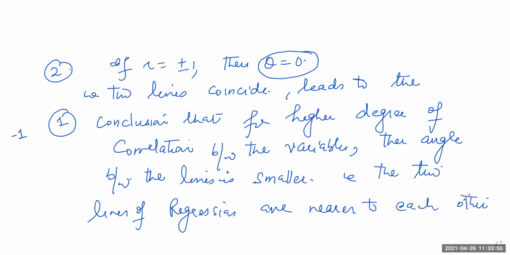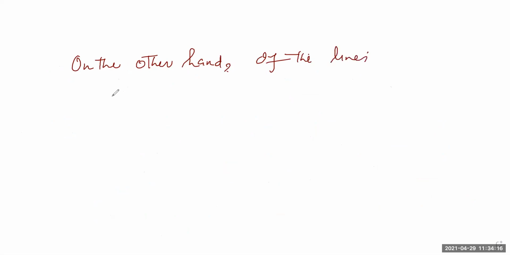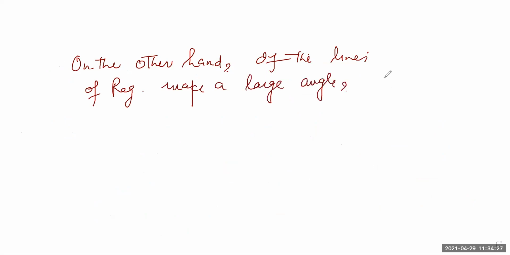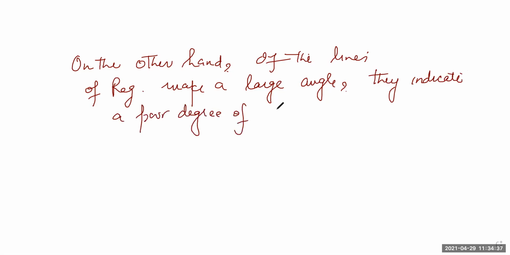On the other hand, if the lines of regression make a large angle, they indicate a poor degree of correlation, right?